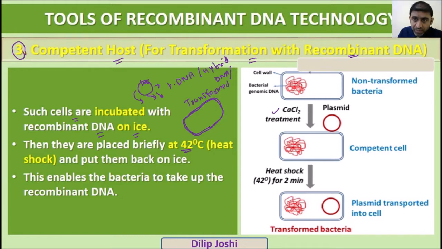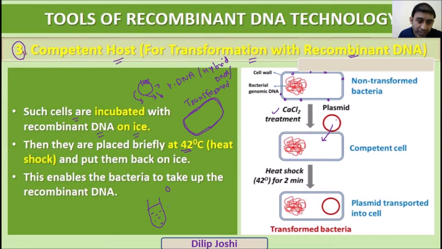What happens is this bacterial cell is going to produce pores, means holes, and once the pores are created, this plasmid can be easily introduced inside the bacterial cell. This is a test tube in which these bacterial cells are there, and here we have the recombinant plasmid.